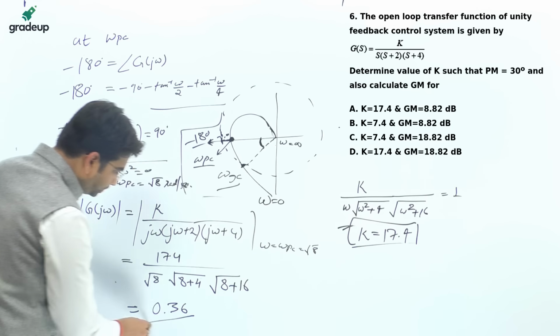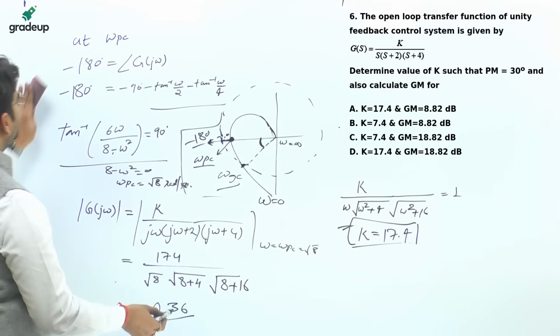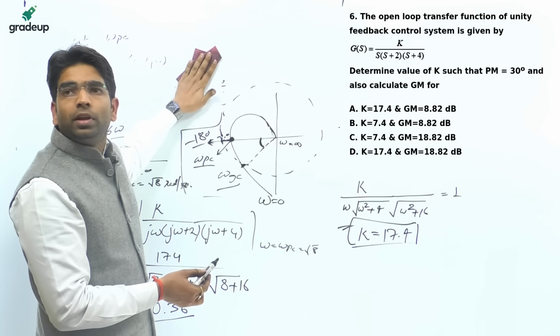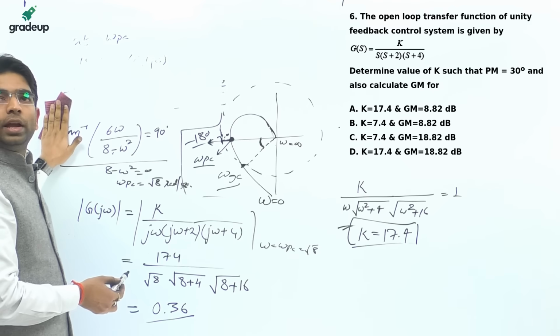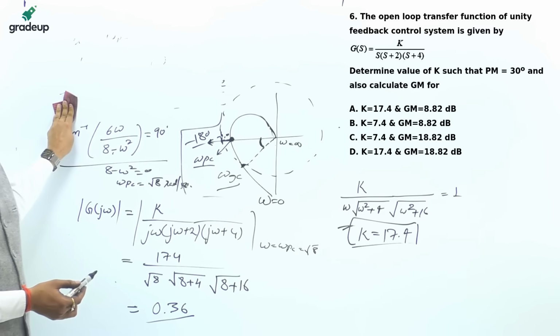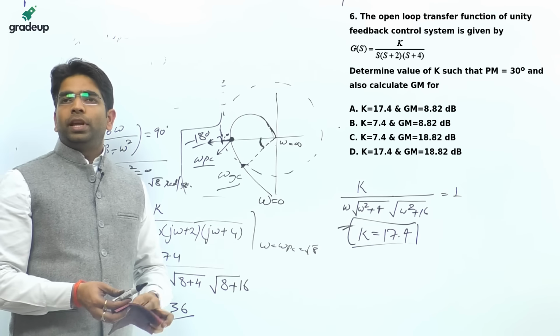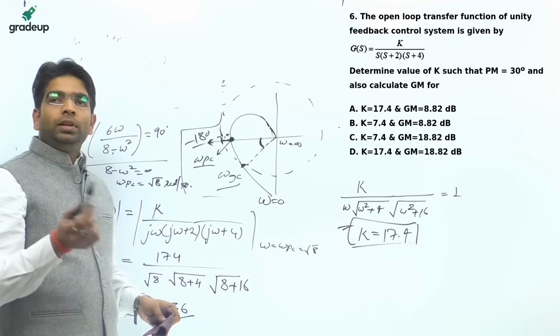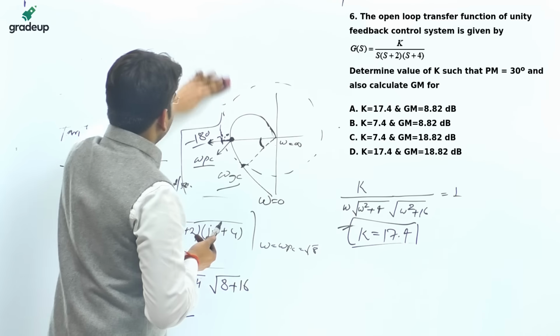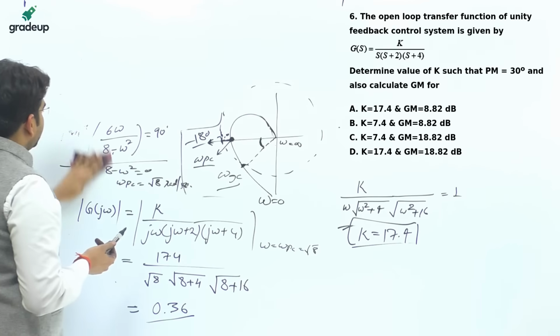Okay, so coming to the basic gain margin equation, A is the correct answer. Soumya also answered correctly.